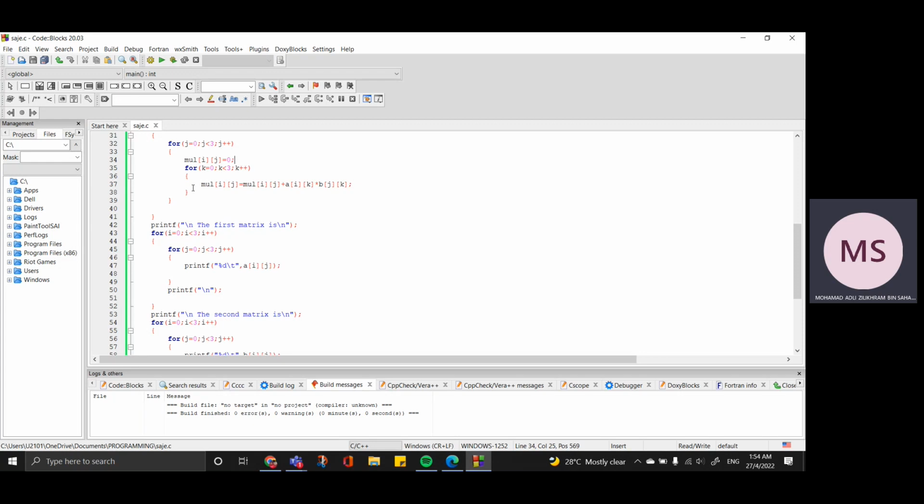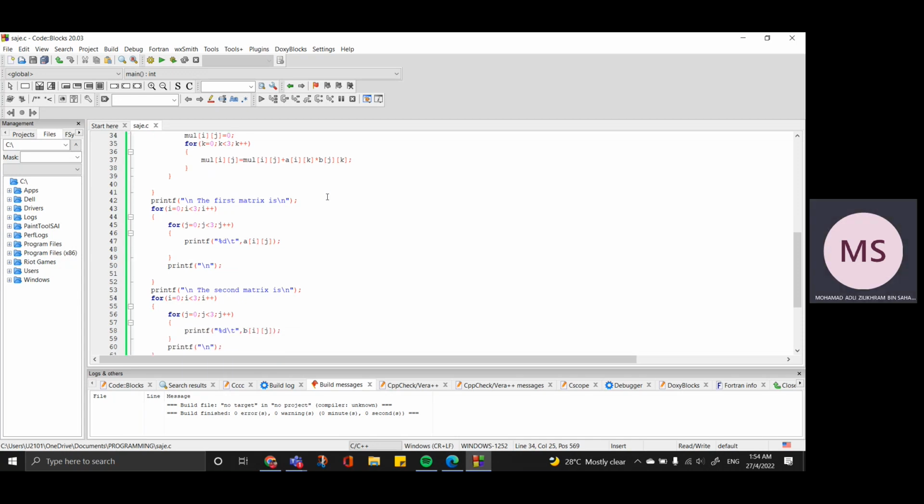And then we enter the equation for the multiplication of the matrix: mul[i][j] equals mul[i][j] plus a[i][k] multiplied by b[k][j]. And then the code will analyze and calculate the value for us.